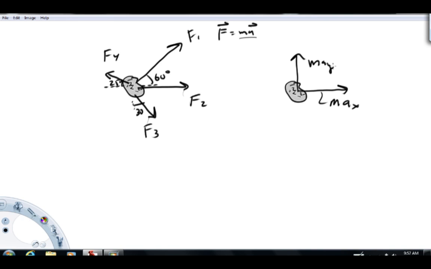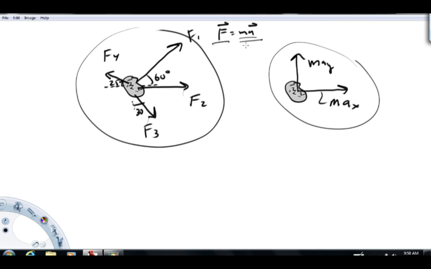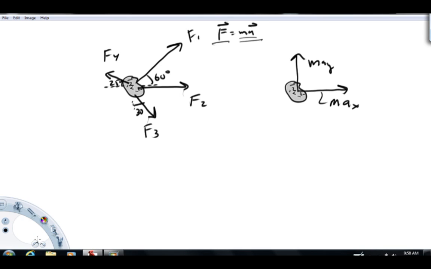The reason is that I want this picture to basically be the right-hand side of Newton's second law. Since Newton's second law is net force equals ma, I want my picture to graphically reflect that. So the picture on the left is the picture I'll use to deal with the left-hand side of Newton's second law. Then the picture on the right is what I'll use to write out the right-hand side of Newton's second law. So here's what that would look like.